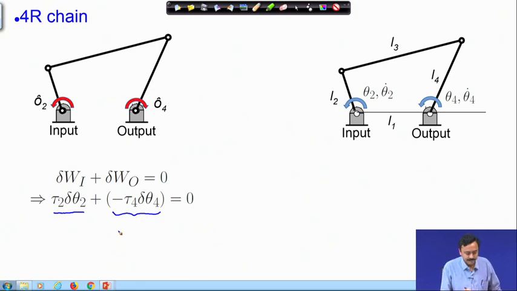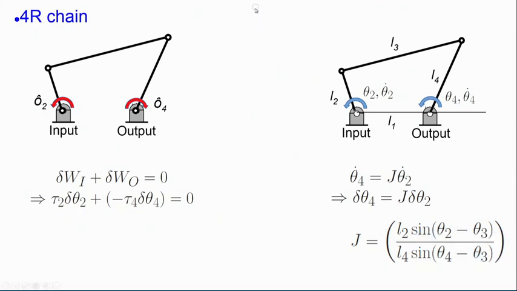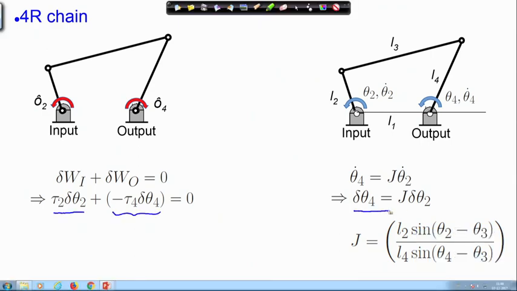Therefore, this sum must vanish. Now, we already know that the output velocity and the input joint velocity are related through the Jacobian, and therefore, I can write delta theta 4 as J times delta theta 2, where the Jacobian we have already derived this expression before.